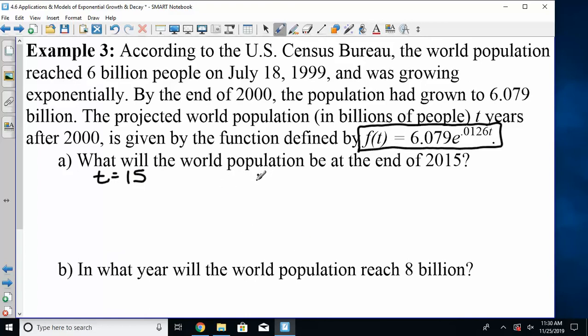So if I plug that in, I get 7.3437. What would that be? What would my label be?